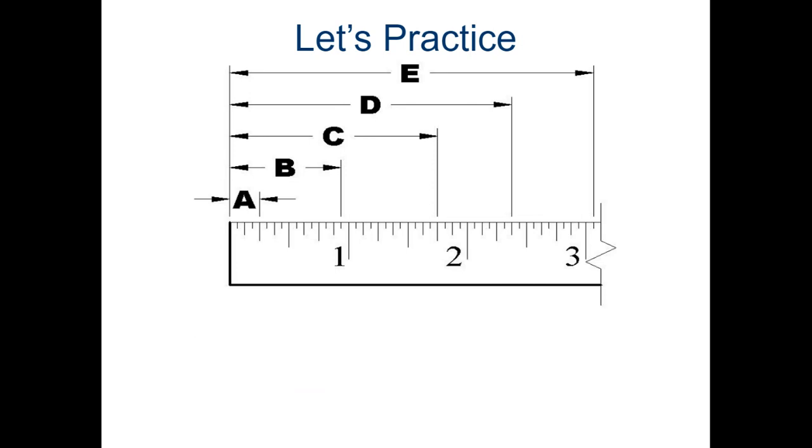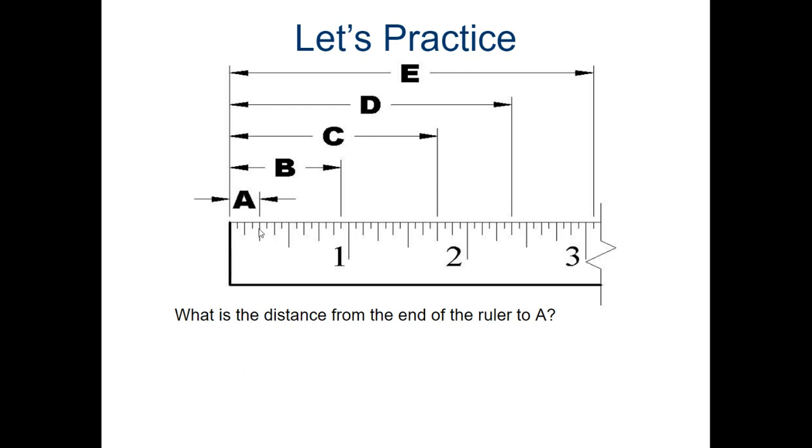So now let's practice with these examples, A, B, C, D, and E. What's the distance from the end of the ruler to A? Let's look. Do we have any whole inches? No. Are we at fractional inches? Yes. So we're at 16ths.